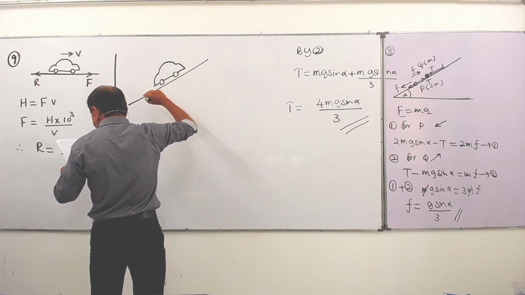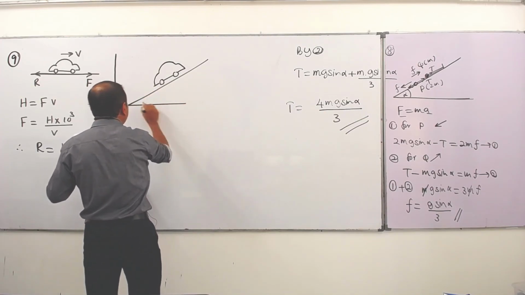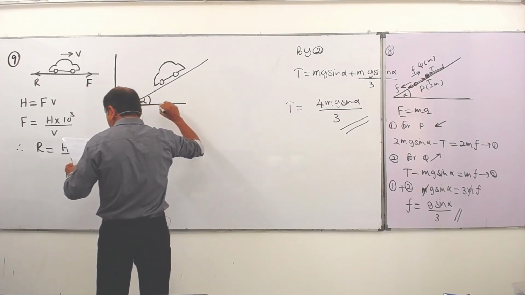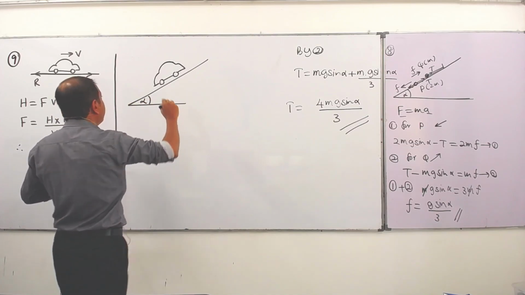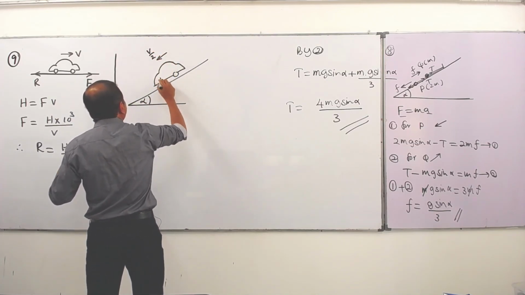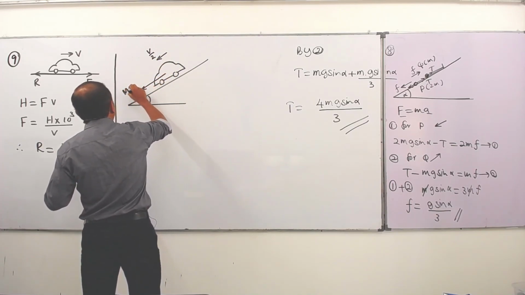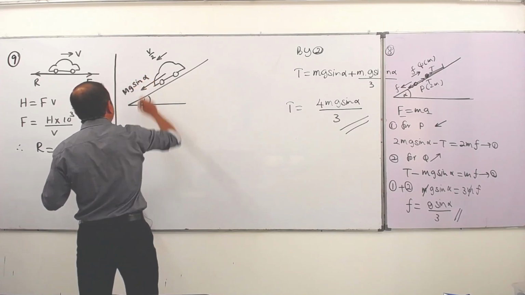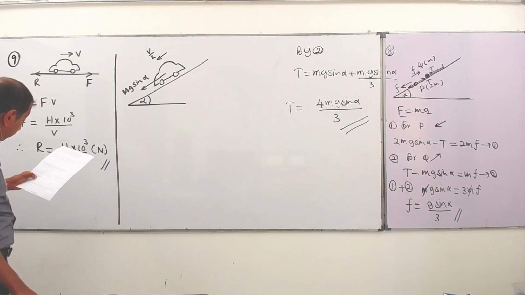Inclination of the road is now alpha. It moves down with velocity V by 2. The weight mg, its component is mg sine alpha now. Power is H kilowatt.